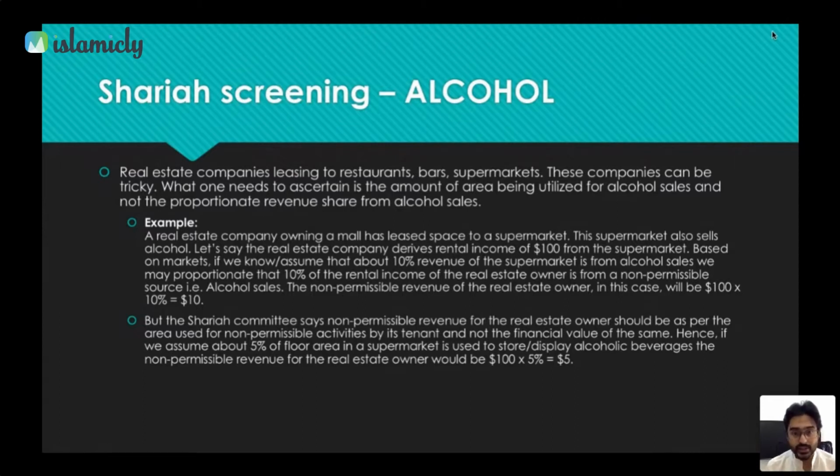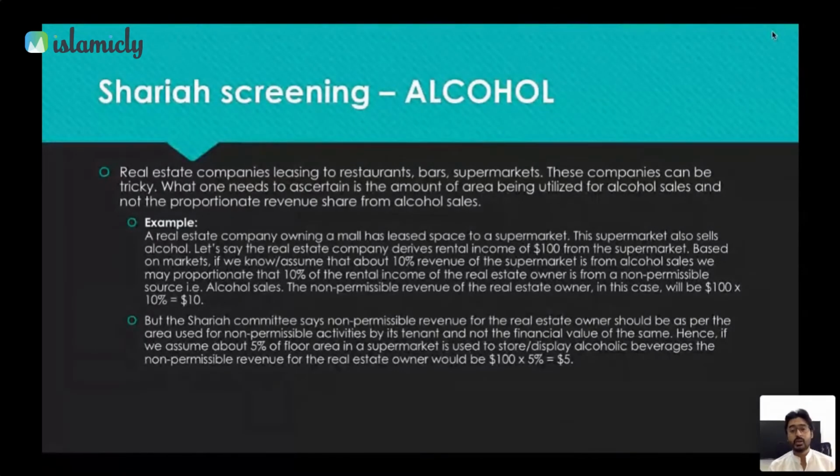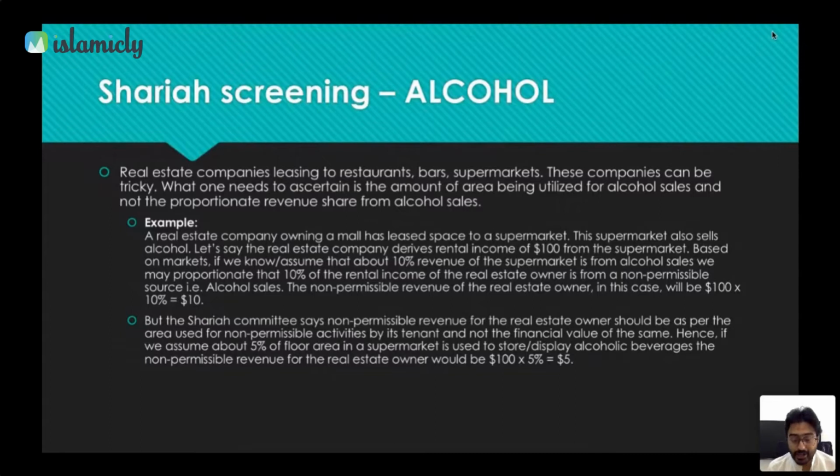What one needs to ascertain is the amount of area being utilized for alcohol sales and not the proportionate revenue share from alcohol sales. Let me read it again. In this specific example, when we are analyzing a real estate company, the revenue the real estate company derives from the sale of alcohol should not be measured as a percentage of alcohol sales to total rental income.